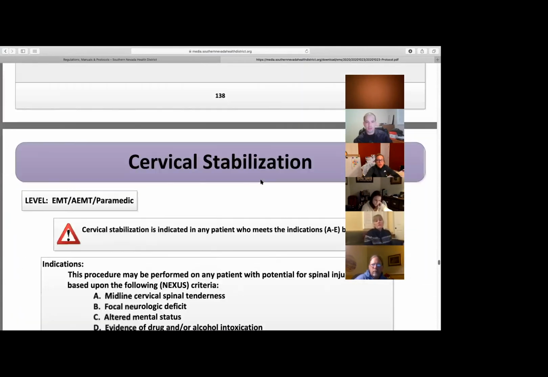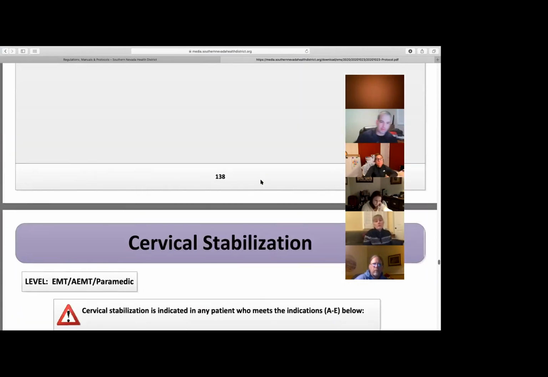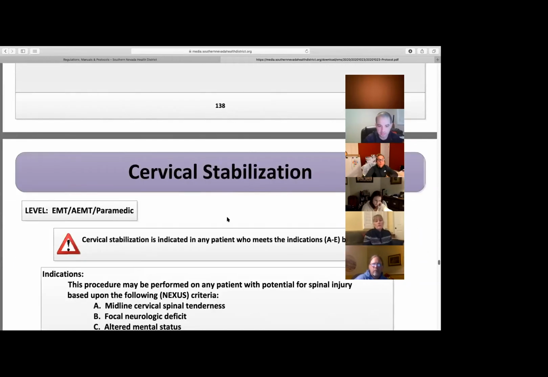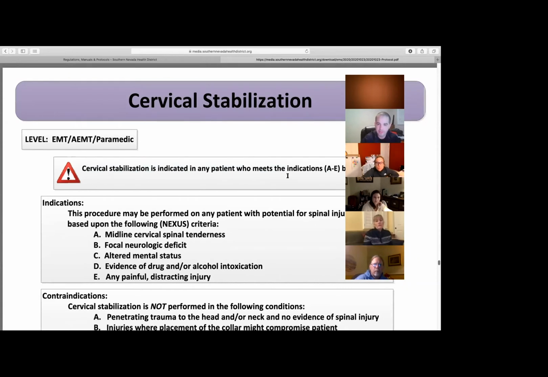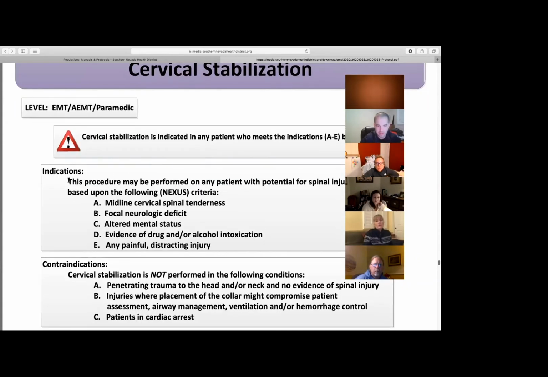Within the protocols on page 139, we have a protocol that references cervical stabilization. Cervical stabilization is indicated in any patient who meets the following criteria. If somebody meets any of these criteria, then we want to do spinal motion restriction: put a collar on them, keep them from moving their head, and allow them to maintain a position of comfort. The first is midline cervical spinal tenderness.